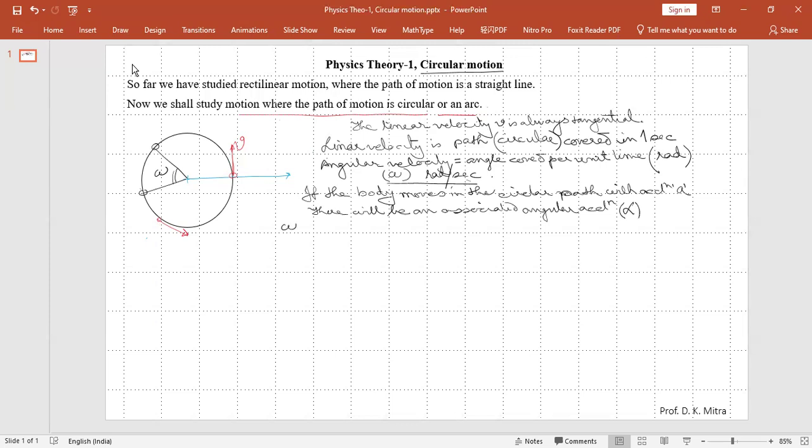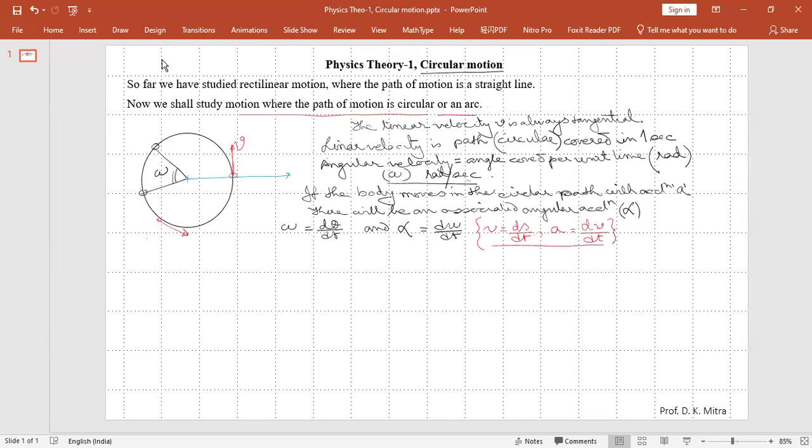Omega is the rate of change of angle, d theta by dt, and so the angular acceleration alpha is d omega by dt. Like in linear motion, v is equal to ds by dt, the differential of displacement, and acceleration is the differential of velocity with respect to time.